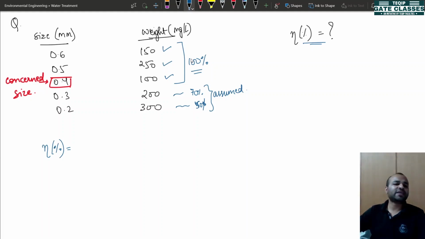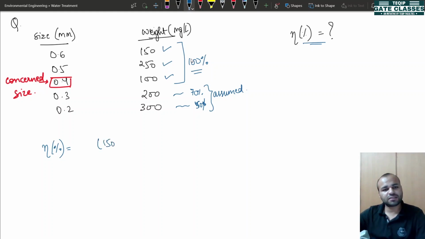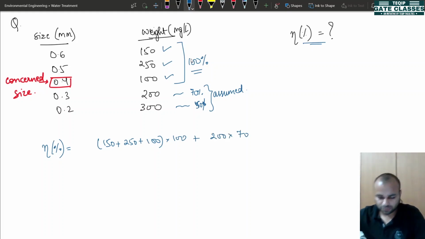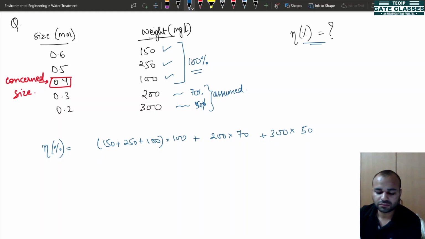Firstly, we'll take the weighted average. How to do that? So we will take all the concentrations that are removed with 100% efficiency, combine them. Then the next one, 200 times 70. Then the next 300 multiplied by 50. Okay. Now you have to take the average for it.